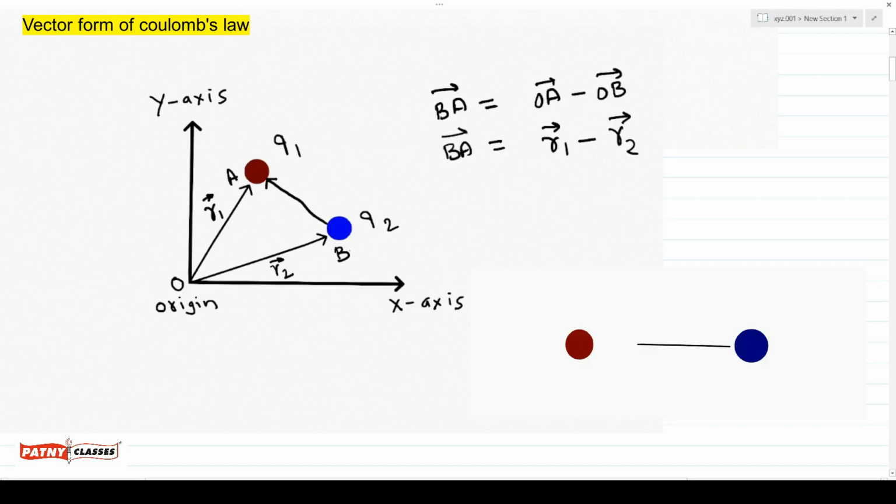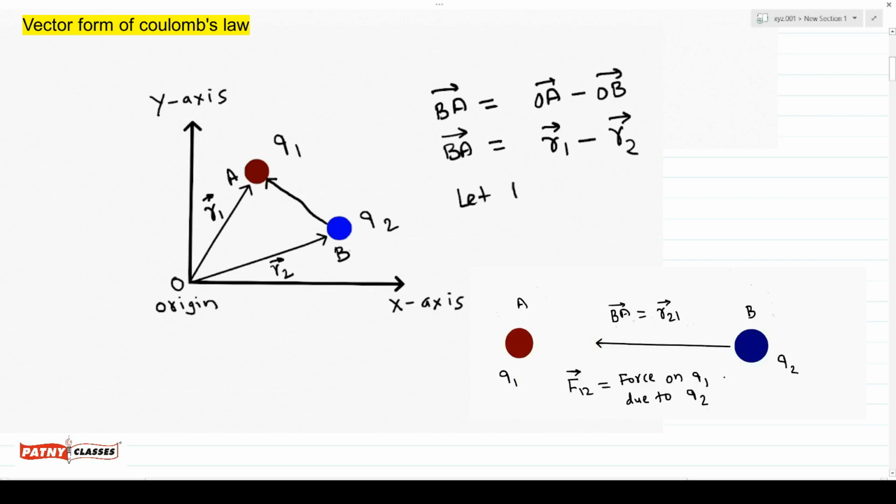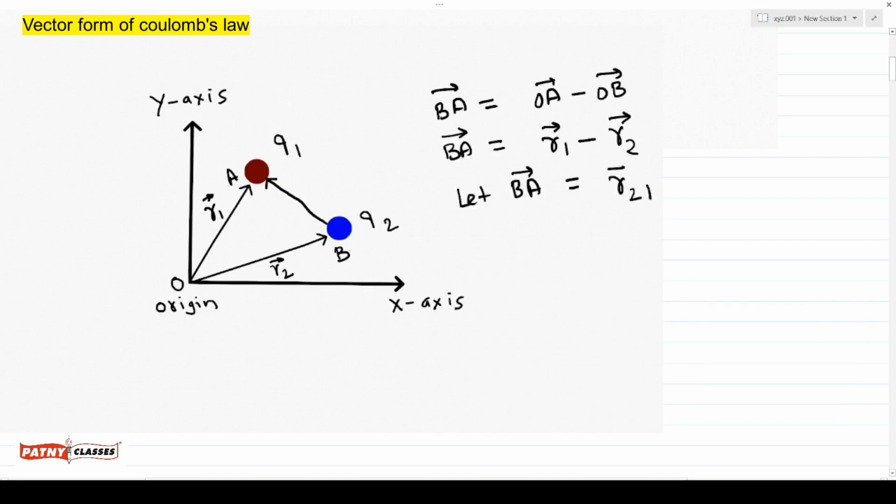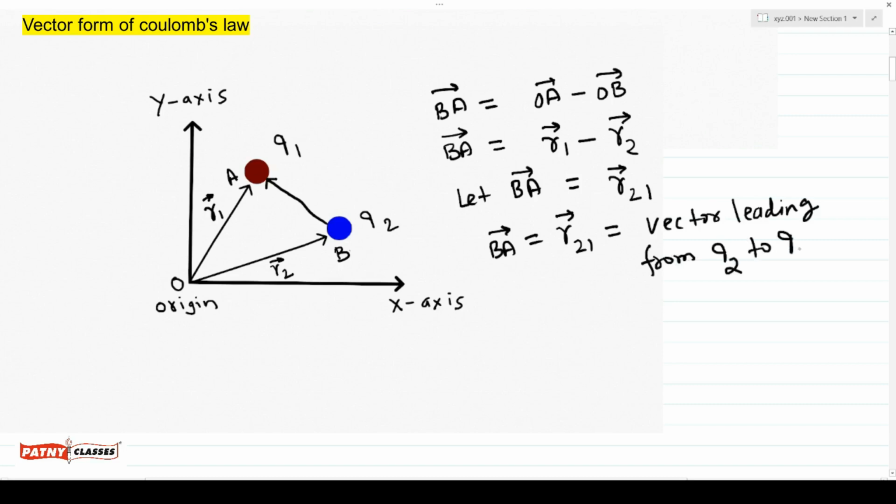Let vector BA equal vector R21. Vector BA equals vector R21, which is the vector leading from charge Q2 to charge Q1.